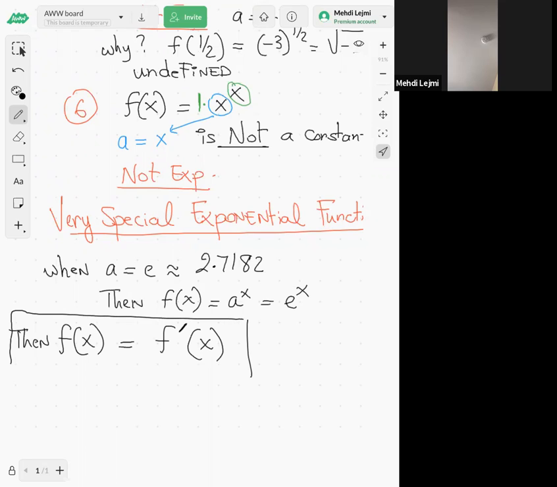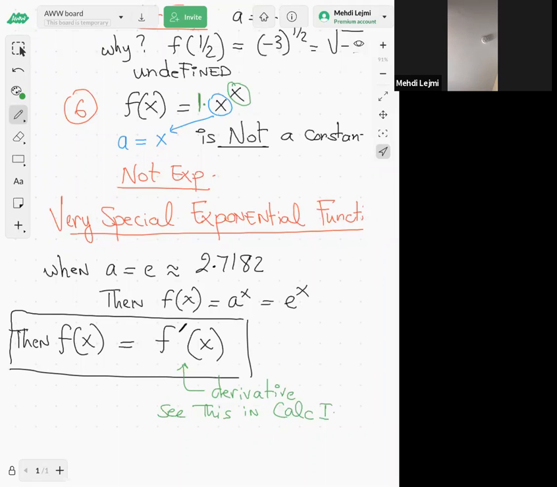Anyway, this is called the derivative of the function f. So you see this in Calc 1.